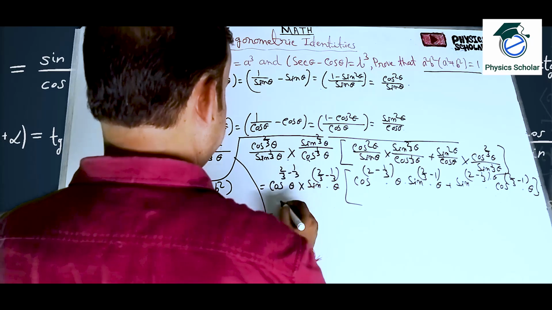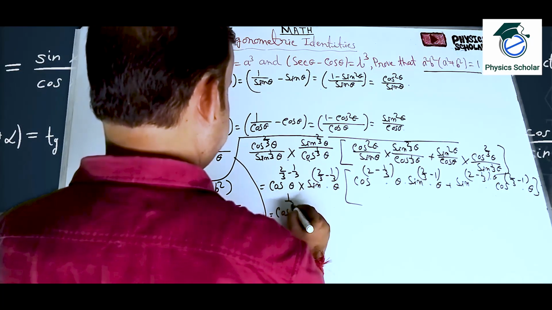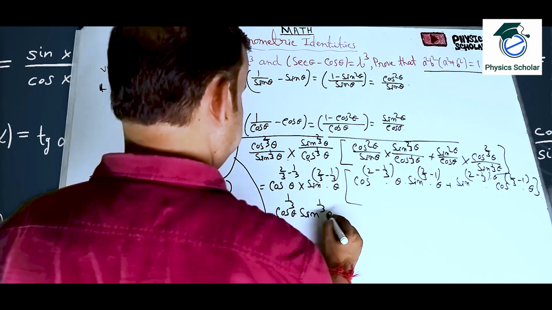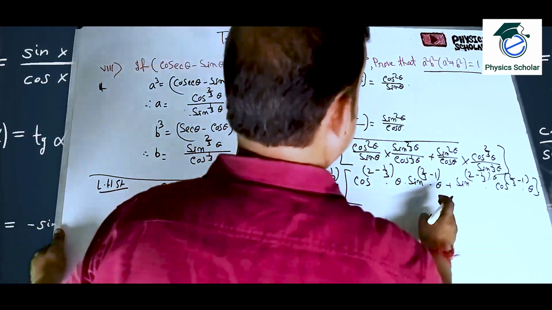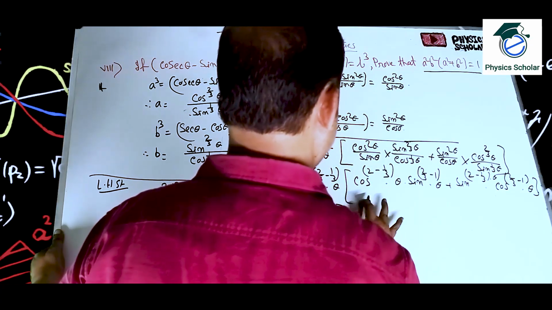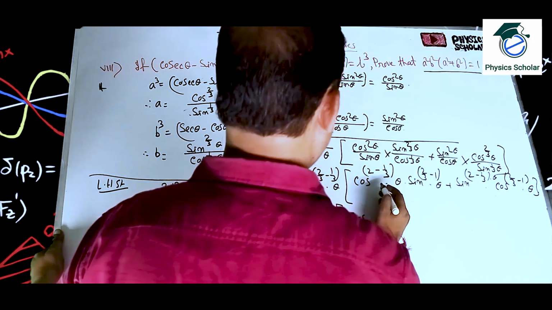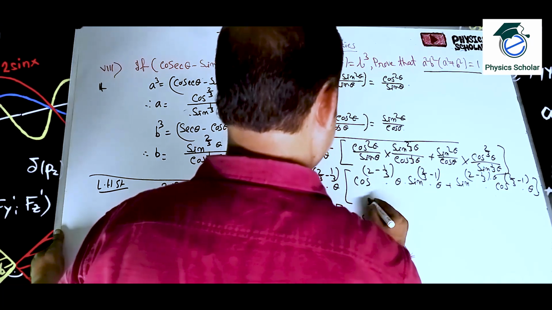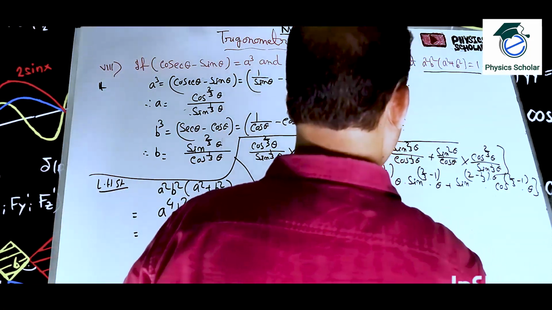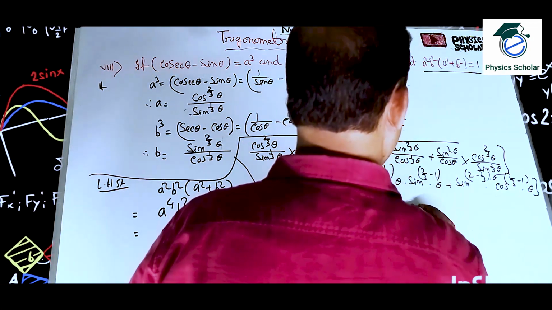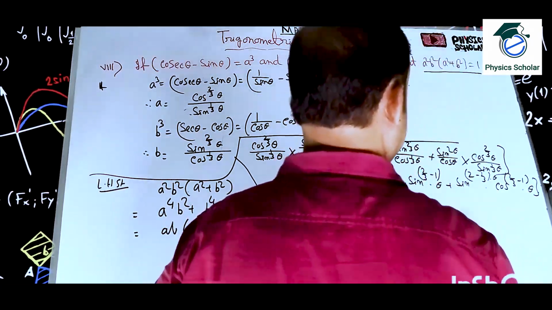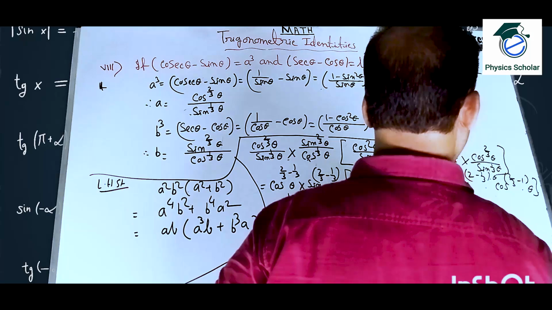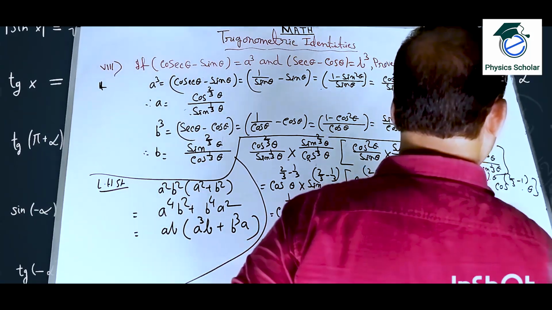So here it will be cos to the power 2 minus 1/3, that means 5/3... cos to the power 1/3 into sin to the power 1/3 θ, into cos to the power 6 minus 1/3, that means 5/3 θ, into sin to the power minus 1/3 θ, plus sin to the power 5/3 θ into cos to the power minus 1/3 θ. Clear?